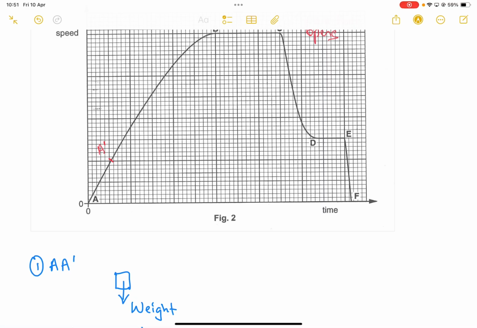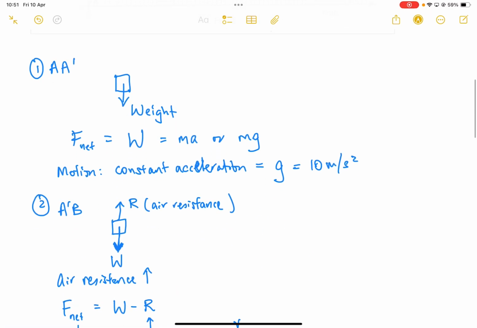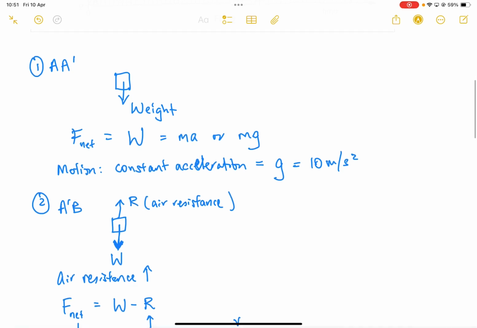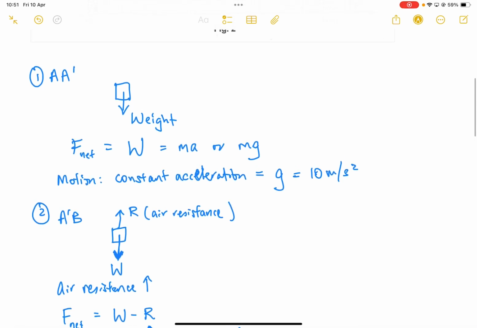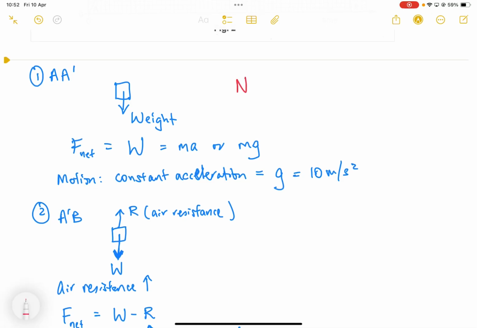When there are unbalanced forces, we use Newton's second law. Okay? In general. Okay? So the first part, A to A prime, is it balanced or unbalanced forces? Hello, class. A to A prime, the first section, is it balanced or unbalanced forces? Okay, good. So Newton's second law. Newton's second law. All right? Because there is resultant force here. There is resultant force, therefore there is acceleration, right?